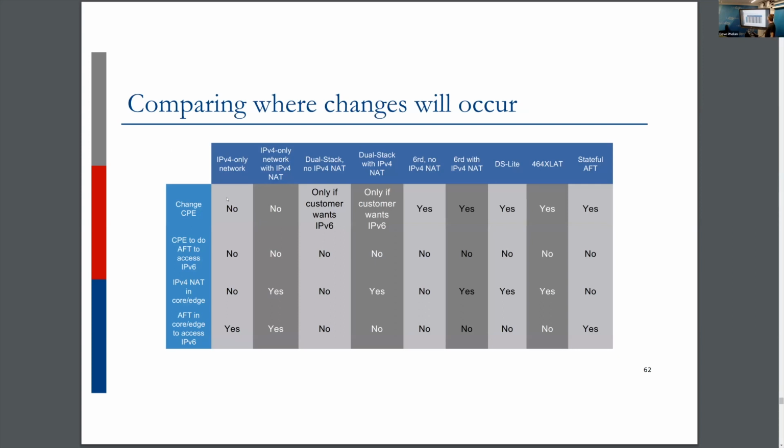If you are going to implement any of these things, where am I going to have to change things? Do I have to change CPEs or departmental routers? Do I have to change in my core? Do I have to change in my access layers? So there are a lot of different considerations you have to make when you're thinking about running transition type networks.